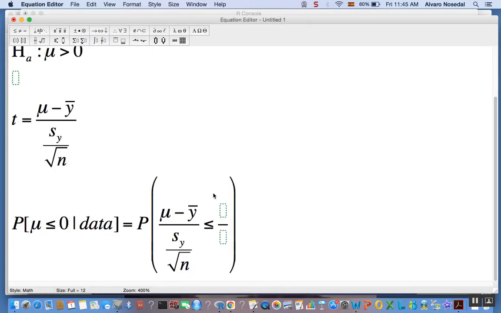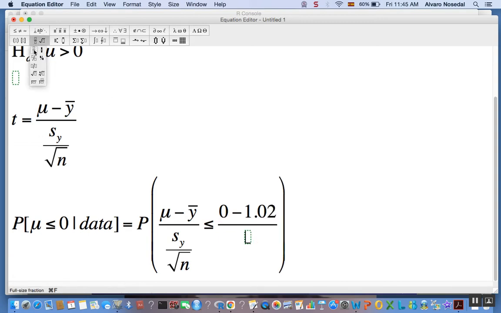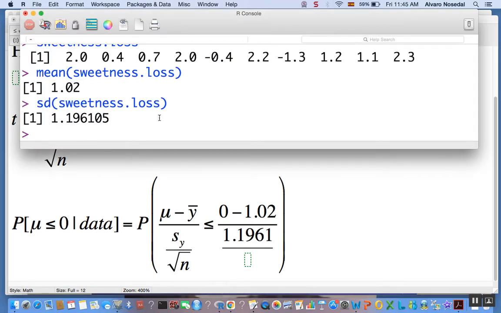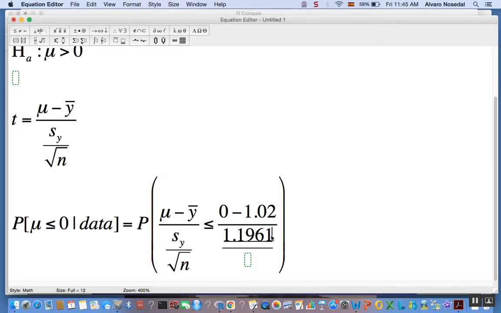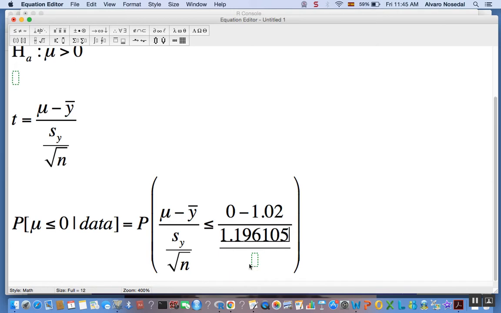So we have something like this: mu, which, by the way, here we have a 0 on the right hand side, minus 1.02 divided by 1.1961 over the square root of n.